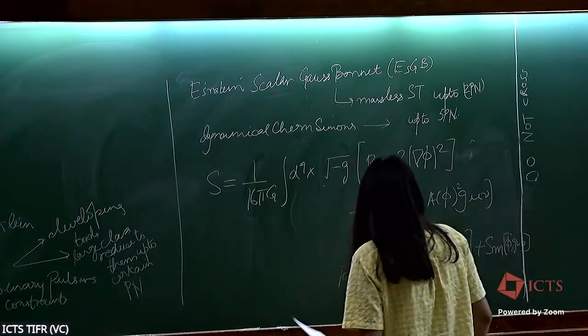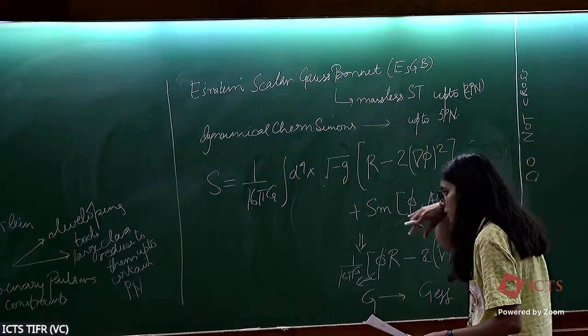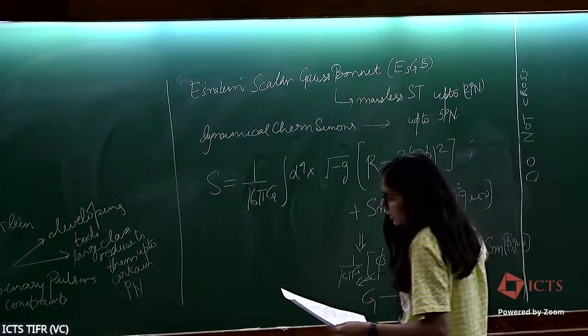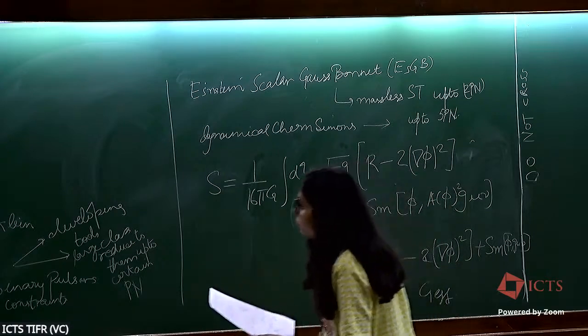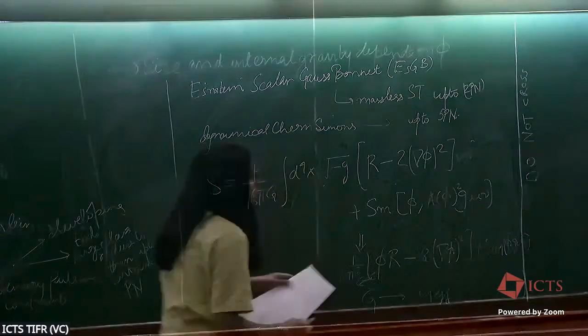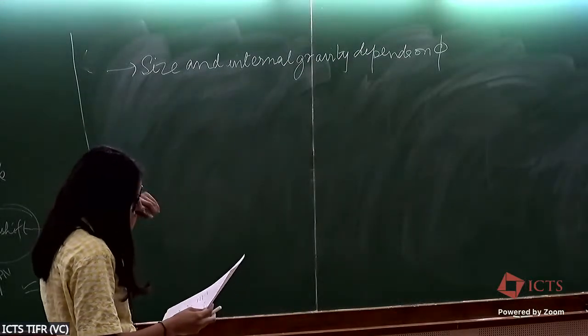And if it becomes G effective, it means that the compact objects formed in the scalar tensor theory would depend on the scalar field, meaning that the size and the internal gravity of the compact objects depend on the scalar field phi.